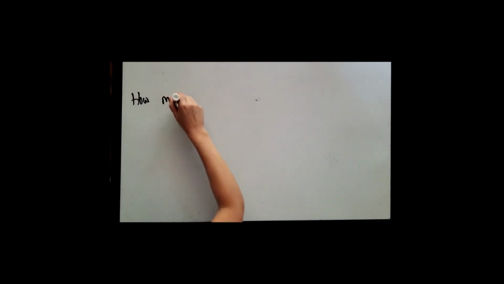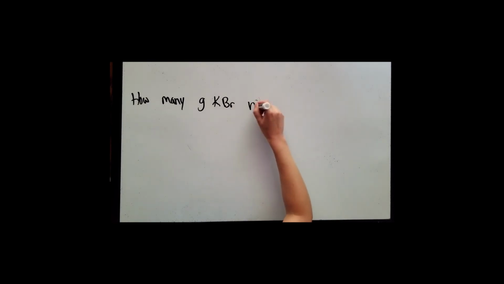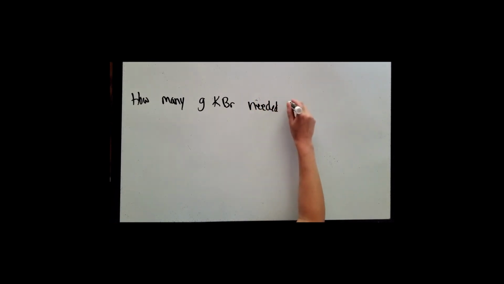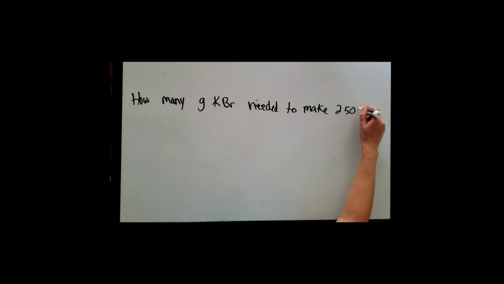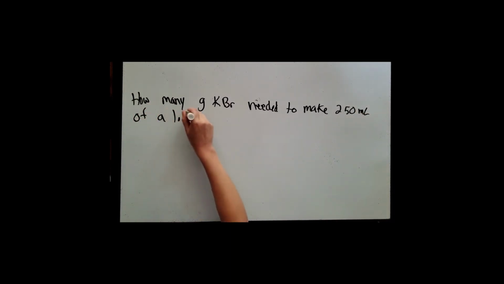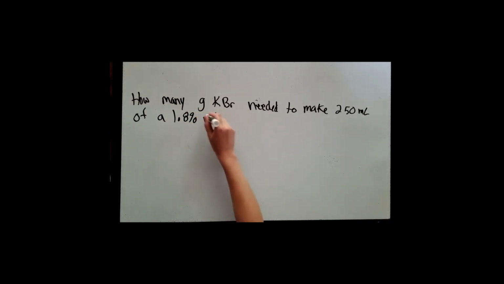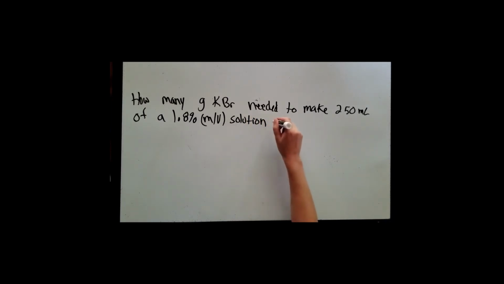So now let's look at how many grams of KBr are needed to make 250 milliliters of a 1.8 solution. I have done one like this in a previous video, but I just wanted to bring it back to the review.